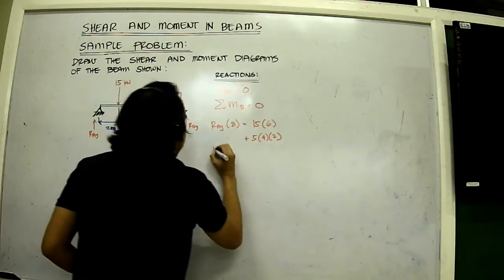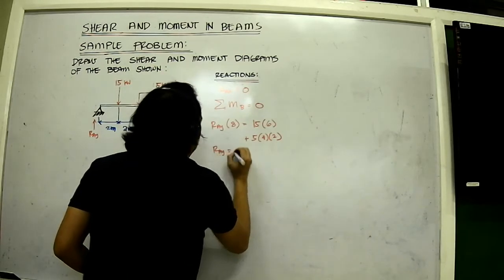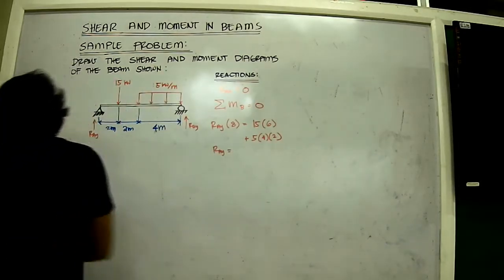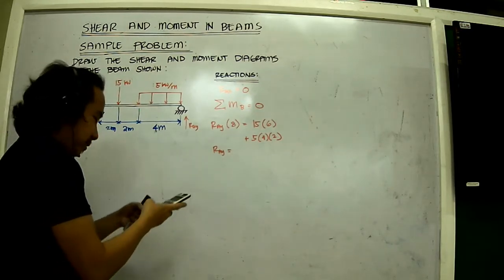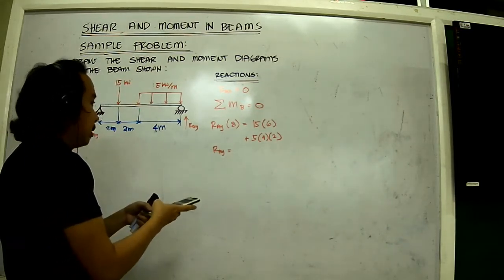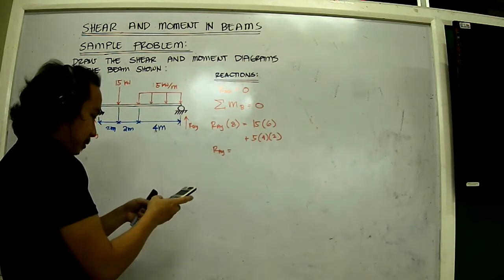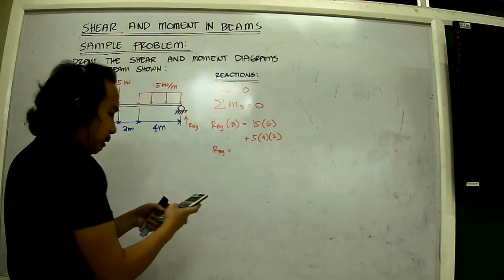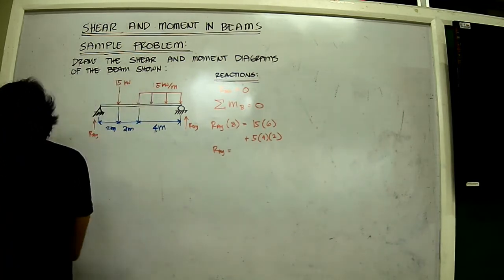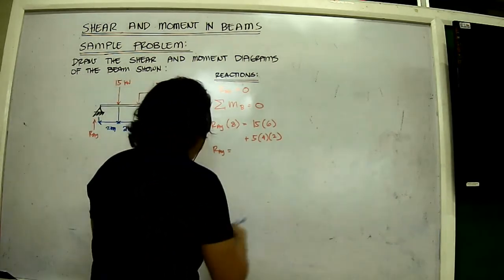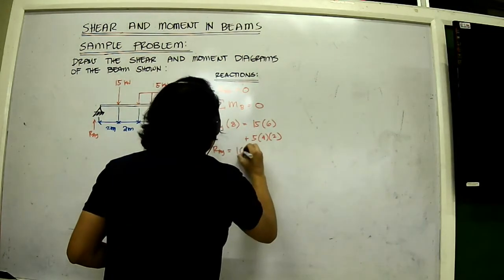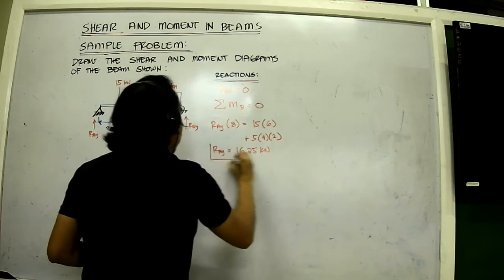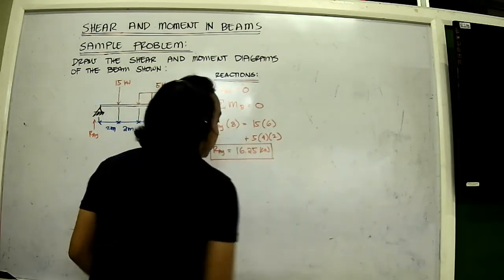So RAY should be equal to 16.25. Let me calculate: 15 times 6 plus 4 times 2 divided by 130 over 8, that is 16.25. So RAY should be equal to this.